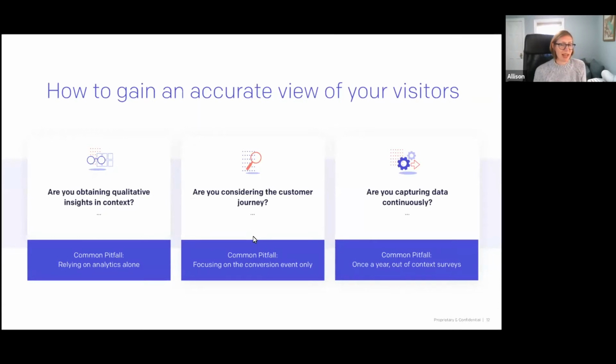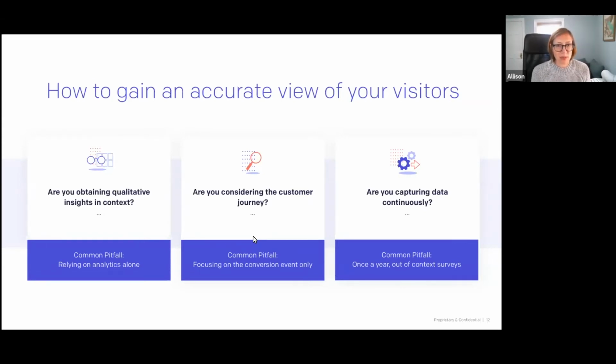So in terms of thinking about how you could potentially use a similar approach to understand your visitors, just a couple of things to think about. One is just thinking about how you are obtaining your qualitative insights today. Doing surveys and other methodologies that are out of context is super valuable and something that everybody should be doing at various stages in the process of understanding your audience.